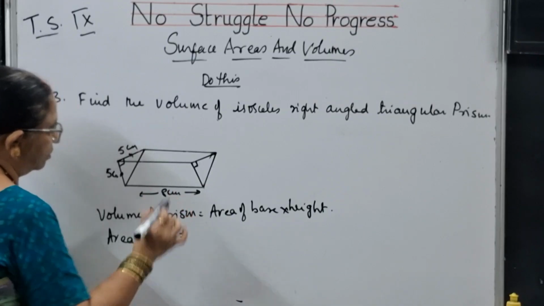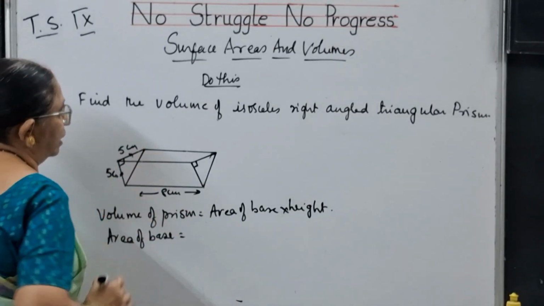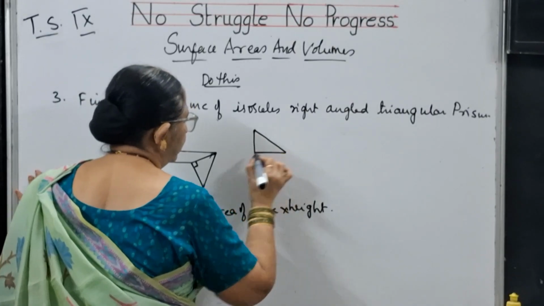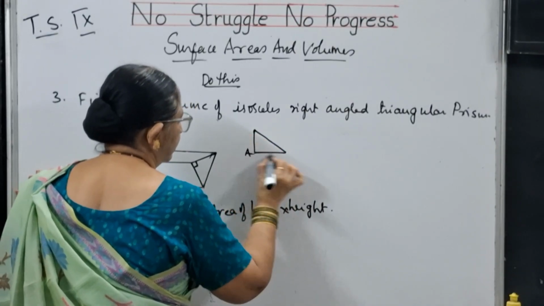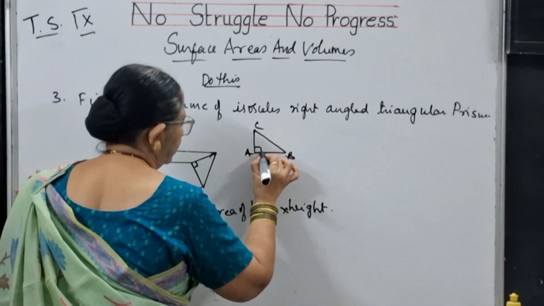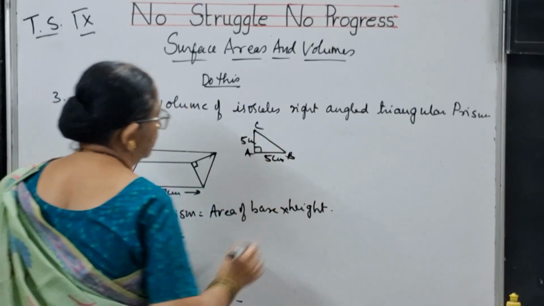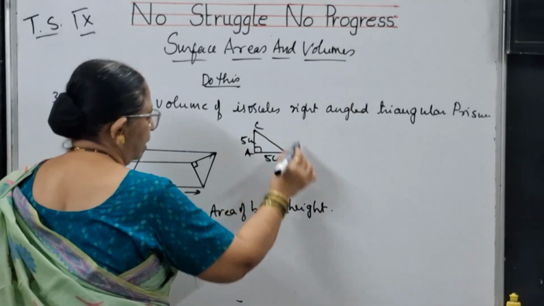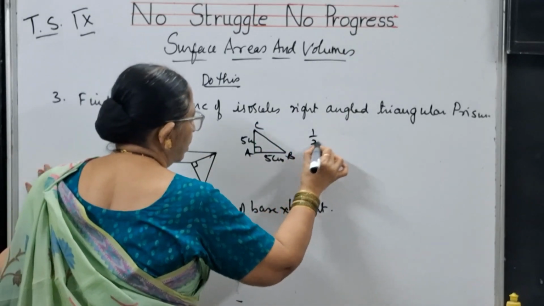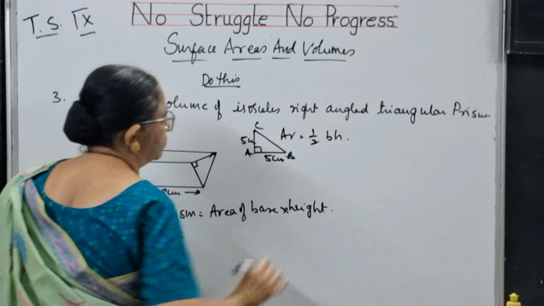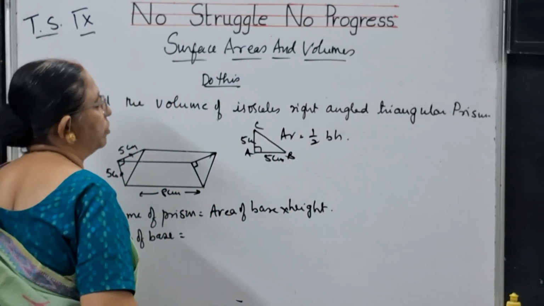Area of base is in the form of right angle triangle. So when I draw a right angle triangle here, let me consider A, B, C. This is 90 degrees, this is 5 centimeters, this is 5 centimeters. If these are 5 centimeters, then area of this triangle is nothing but half base into height.